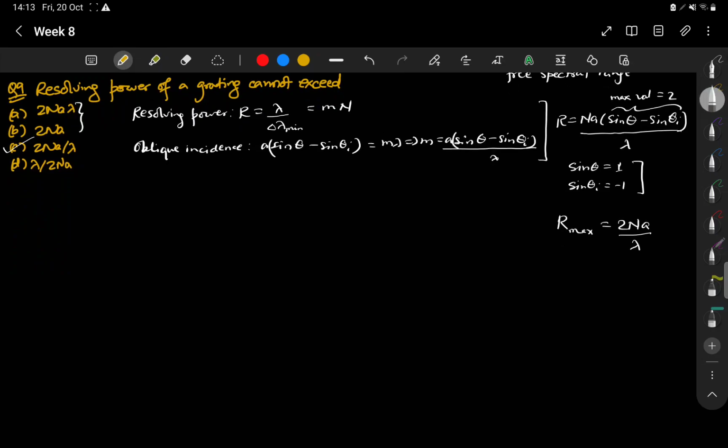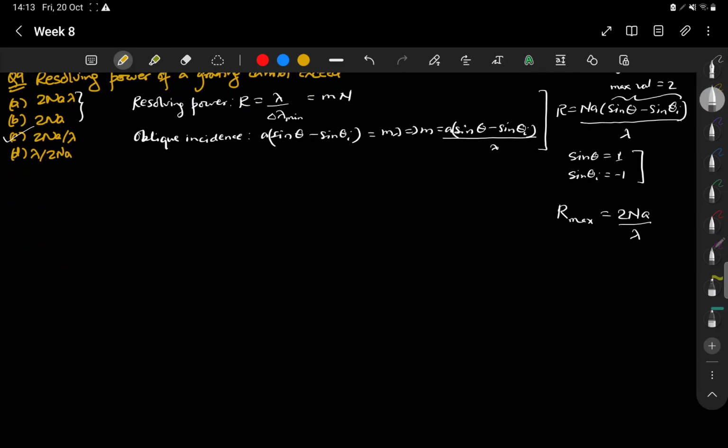Okay, finally the last question for the day. Question number 10. This is on diffraction, Fraunhofer diffraction.